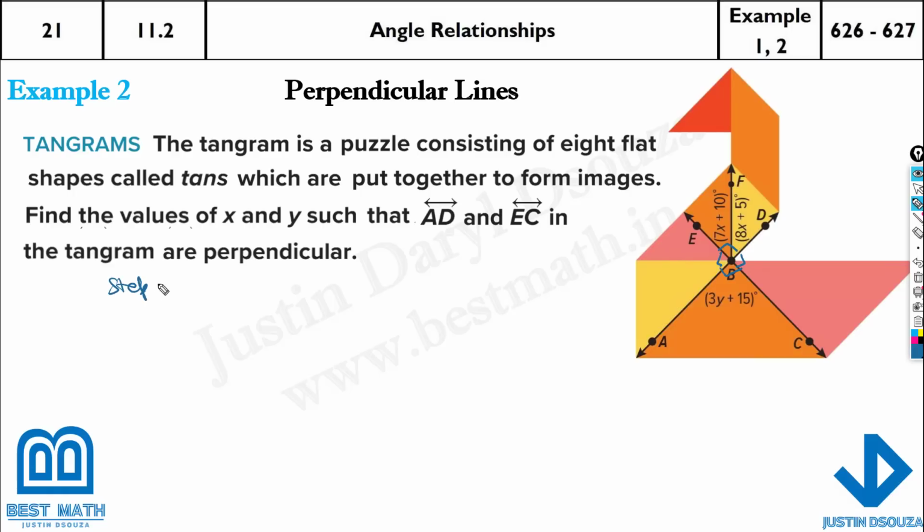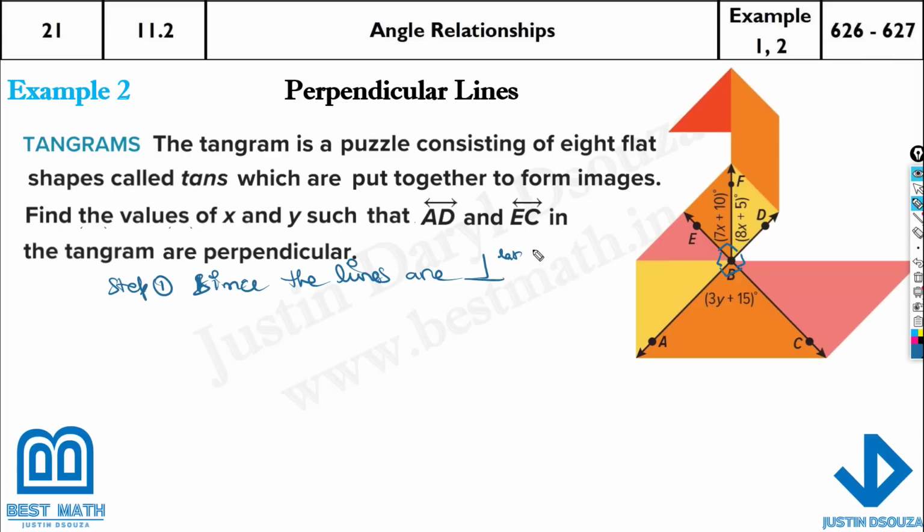Step 1. You know, Step 1, we can just write, no need of writing anything like a heading for the statement. Since the lines are perpendicular, this means it's perpendicular, the symbol.